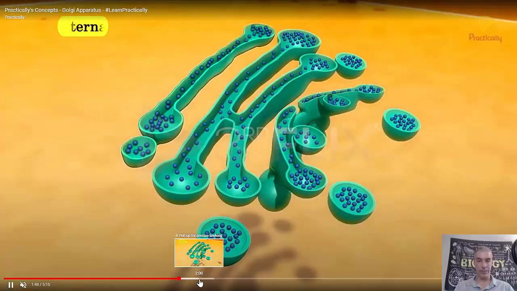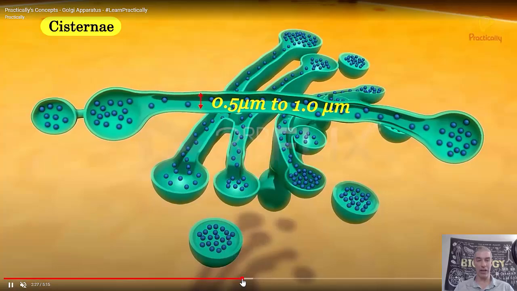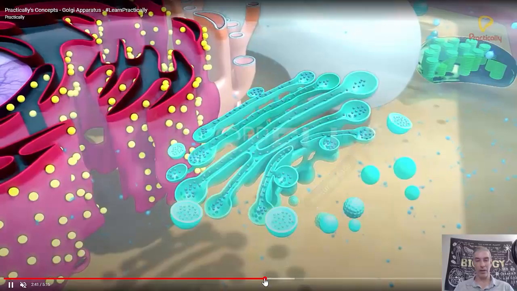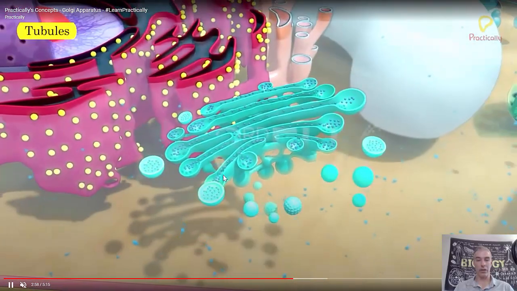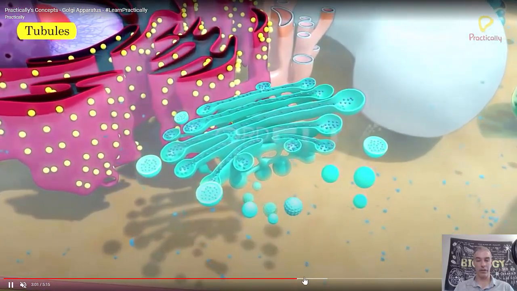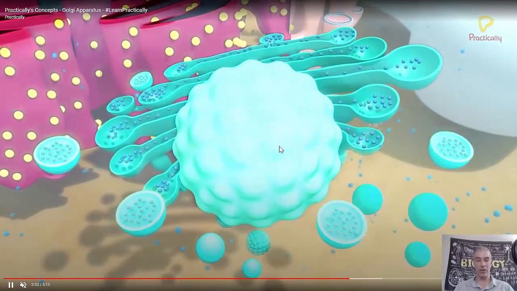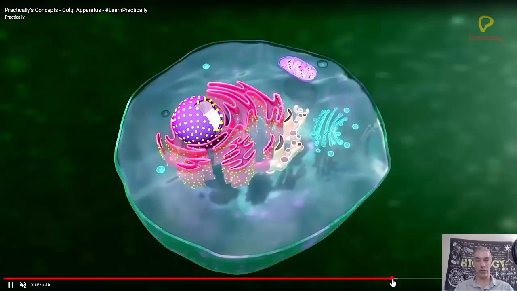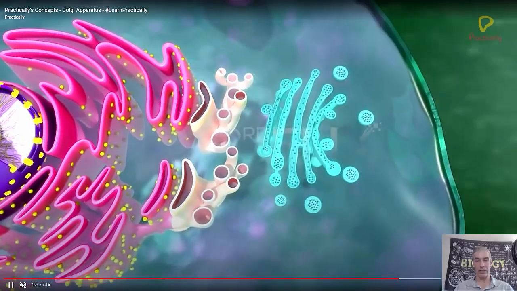Let's fast forward. Don't worry about the words here. It's beyond the course. In college, you'll have to know them. So there's the vesicle that's eventually going to make its way to the cell membrane, and then it's going to release the contents out.